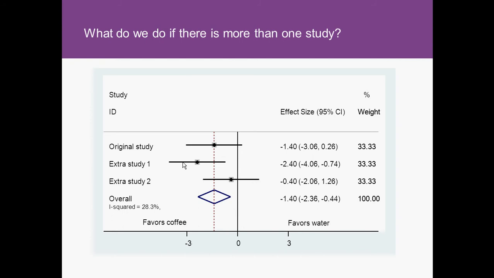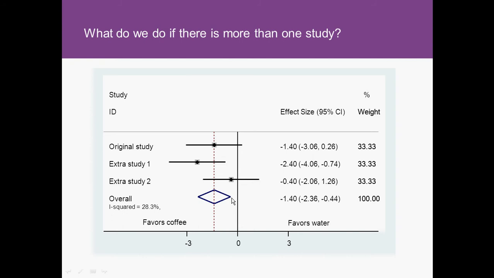A meta-analysis has been performed and can be seen with the blue diamond at the bottom of this graph. Here the point estimate of the treatment effect is the same as our original study, a 1.4 second difference. However, you will now be able to see that the confidence intervals are much more narrow, going between -2.4 and -0.4 seconds.